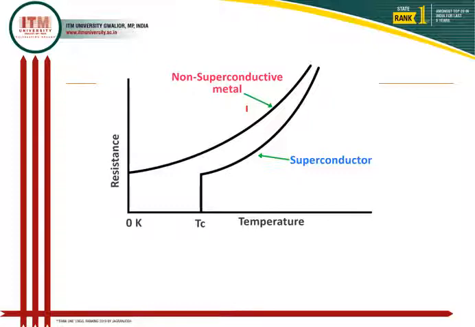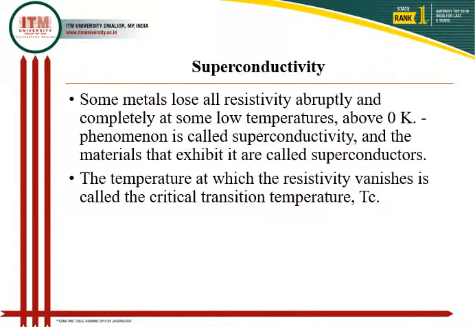Several graphs can be plotted, but the interesting thing is at Tc the resistance goes to 0, and that gives you a very interesting phenomenon. Some materials lose all resistivity abruptly and completely at some specific lower temperature.